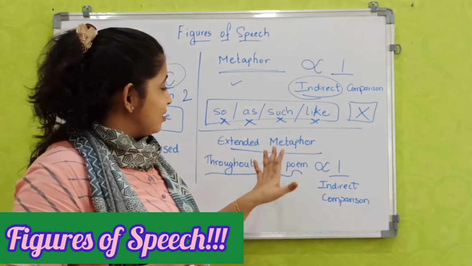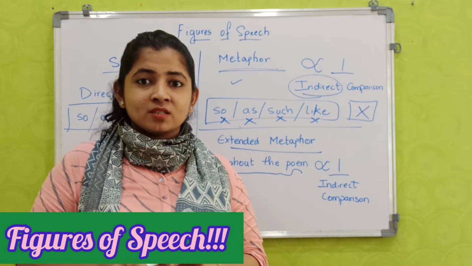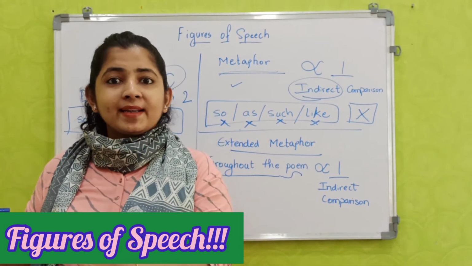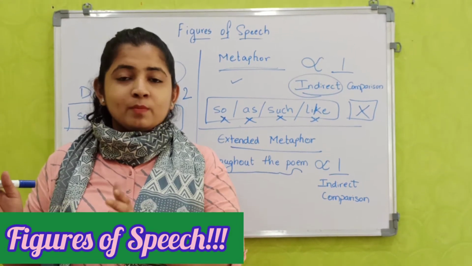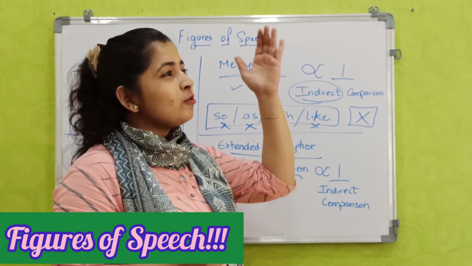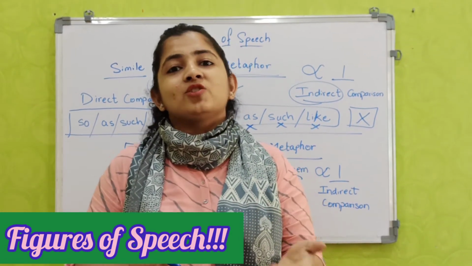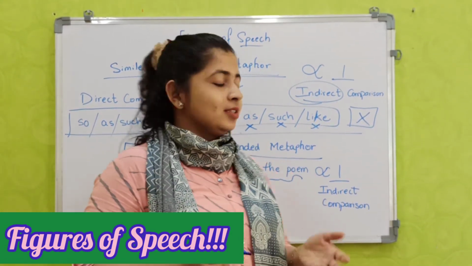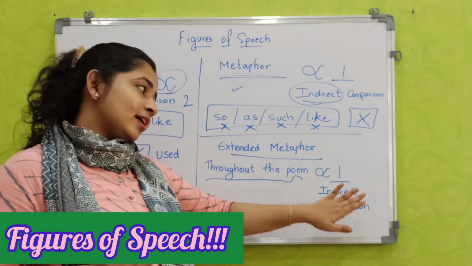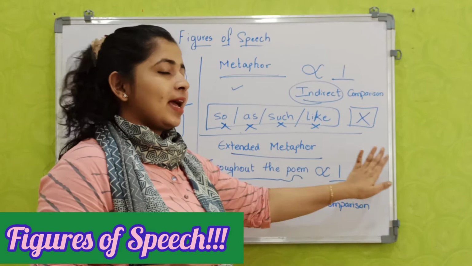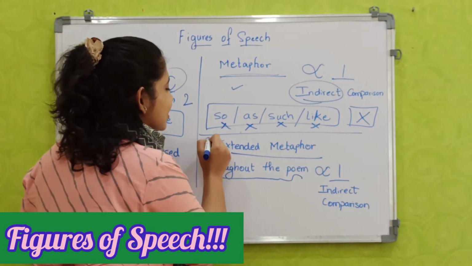They had this extended metaphor used, wherein the nation was compared with the building, pillars. Okay, so throughout the poem, the poet was asking the question, what will make the nation's pillar more strong? So that is why it is indirect comparison, no words used like this, but it will be carried throughout. That is why it is extended.